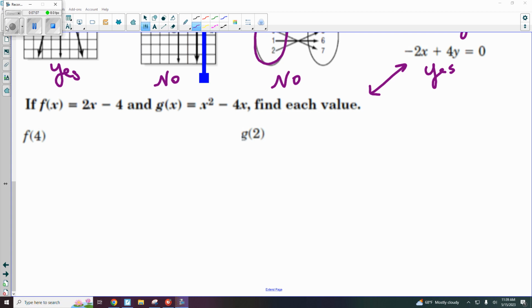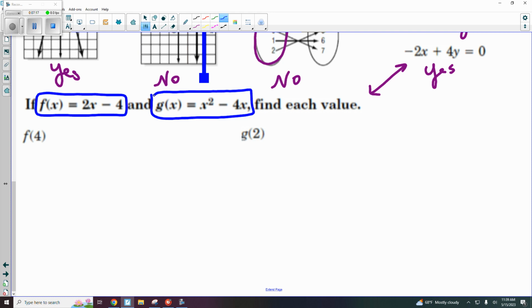Okay, so for our last part of the 4-6 was our function notation. It gives us these two equations, f of x equals 2x minus 4, and g of x equals x squared minus 4x. And then asks us to find f of 4. So we're going to use the f function, where the f of x formula was 2x minus 4. If you look from the original, f of x became f of 4.